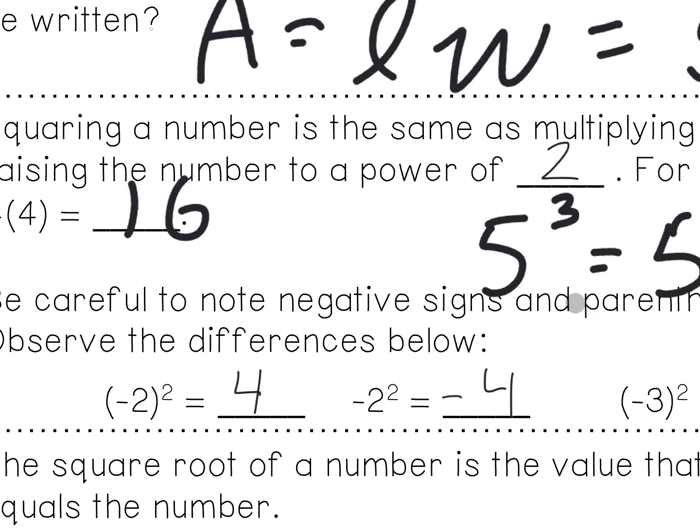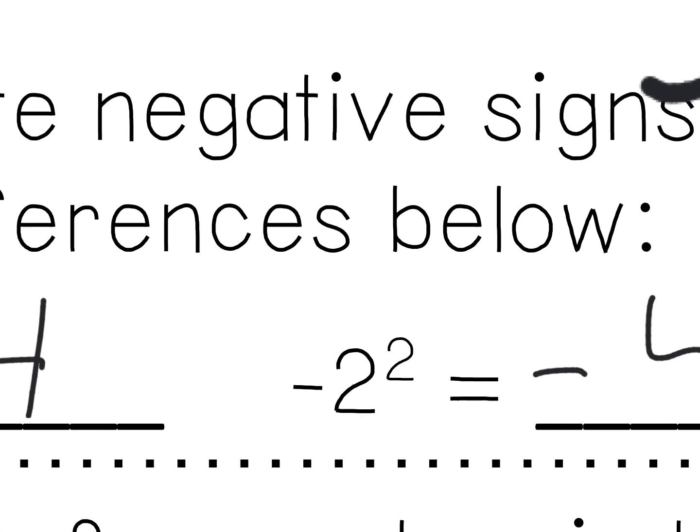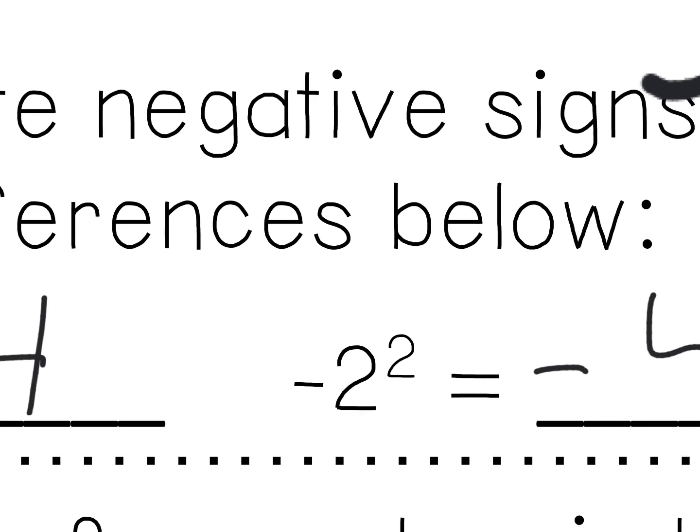The parentheses. If there's no parentheses, it makes the problem do that. So you see, this is 2 squared, then times a negative. This is negative 2 times negative 2. So that's the difference.